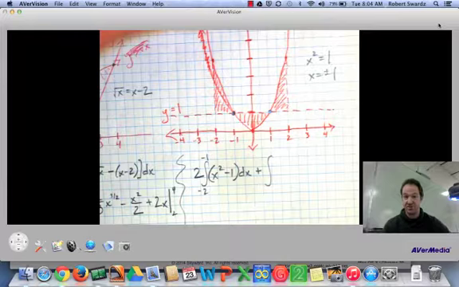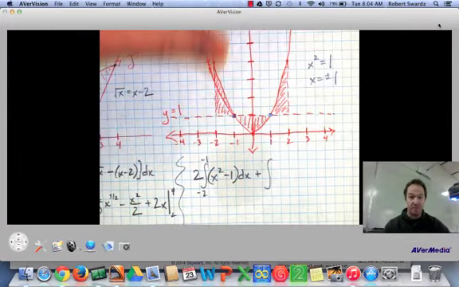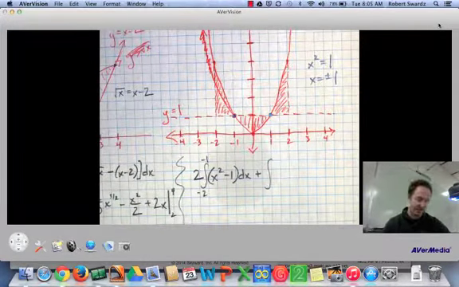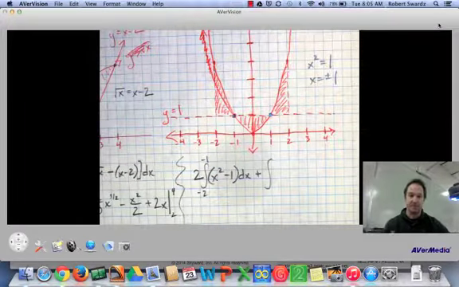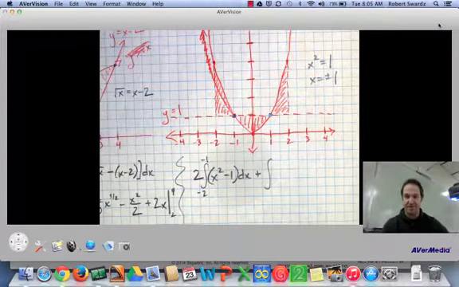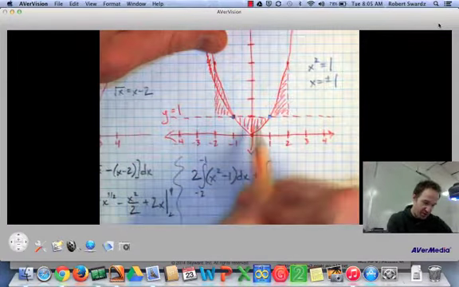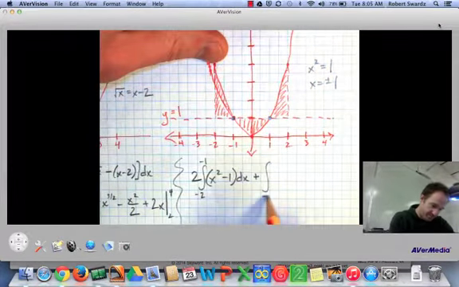And anytime there's symmetry like that, by all means, make it easy on yourself and use that symmetry to your advantage. If you can avoid setting up extra integrals because of that symmetry, definitely go ahead and do that. So for this middle part, we're going from -1 to 1.